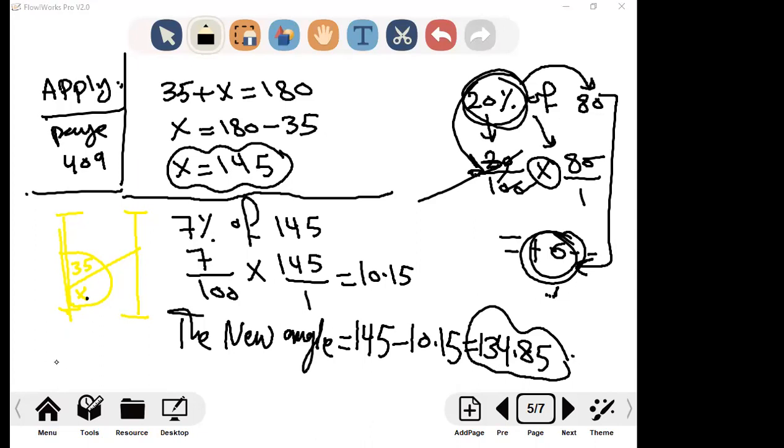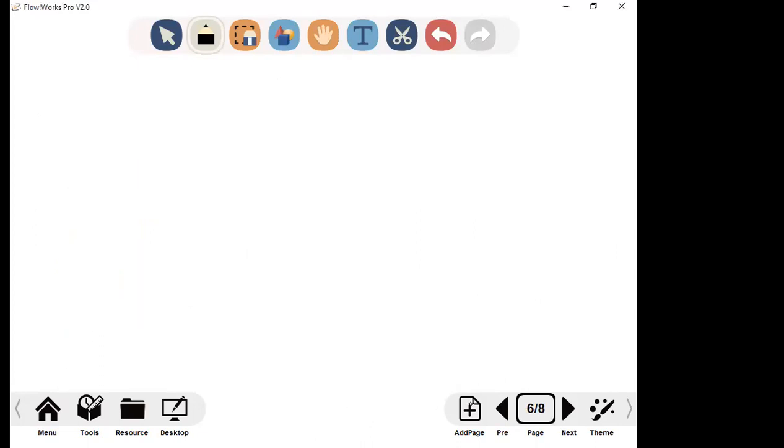Okay, we wrote it. Let's go to the check. Quickly. Now in the check, let's see the check together. In the winter, a solar panel is set with the angles shown.